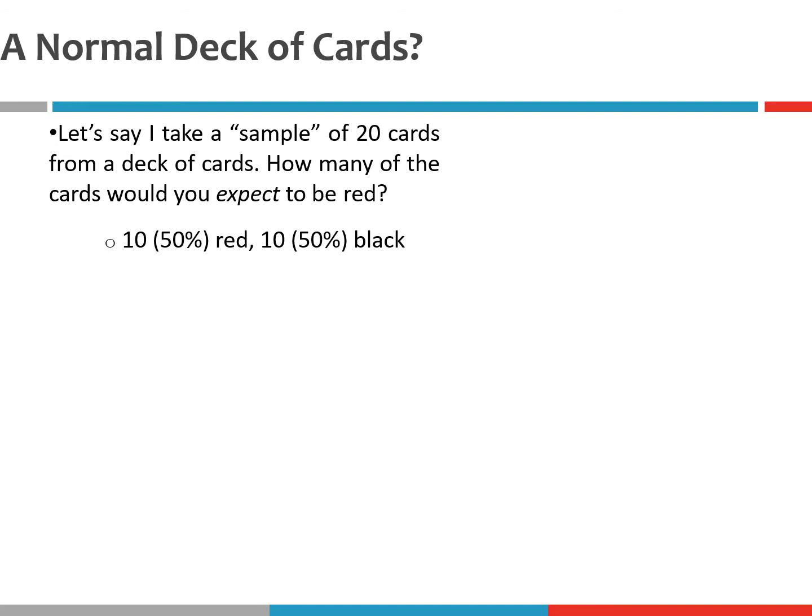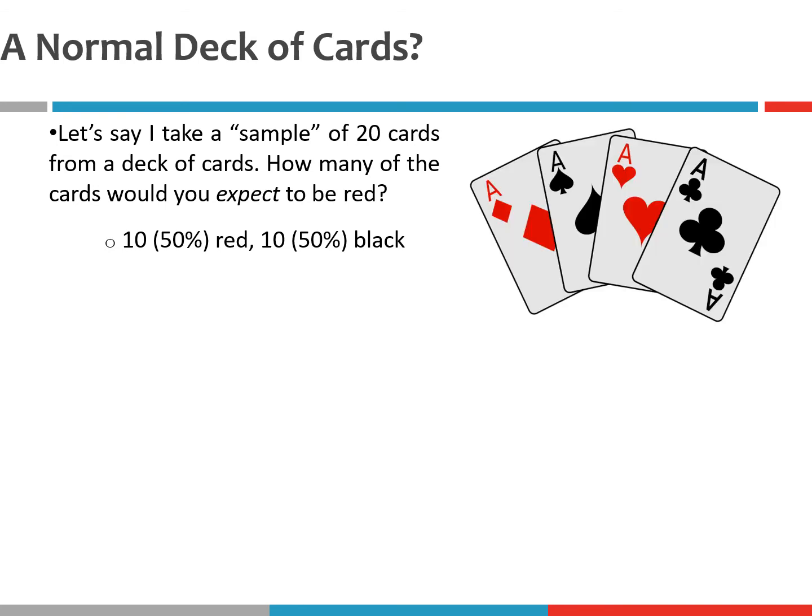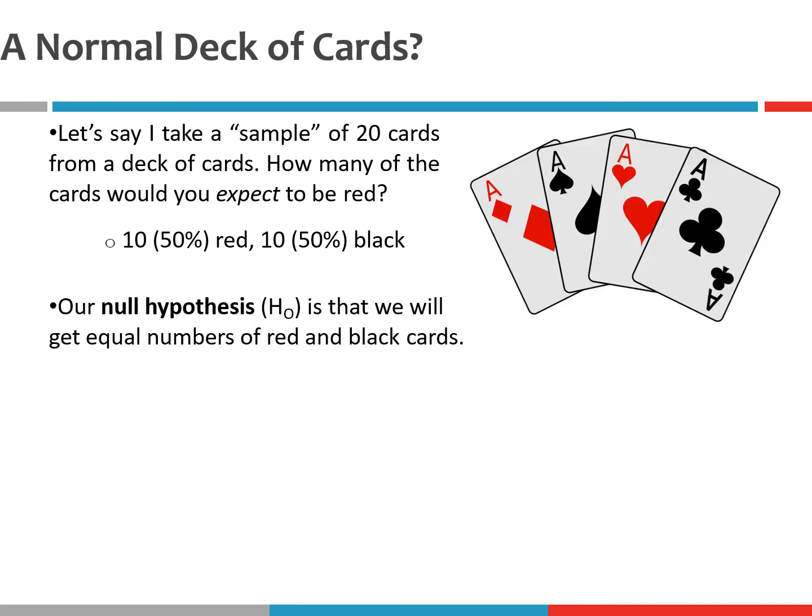Well, let's say we would expect 50% of the cards to be red and 50% of the cards to be black. Right? Okay, so usually in a standard deck of cards, half are red and half are black. So we assume the same is true of our sample of cards, right?